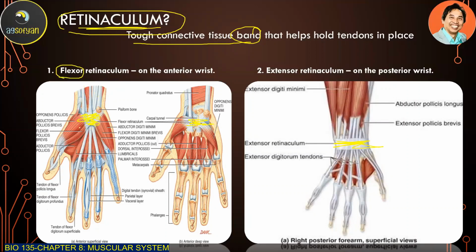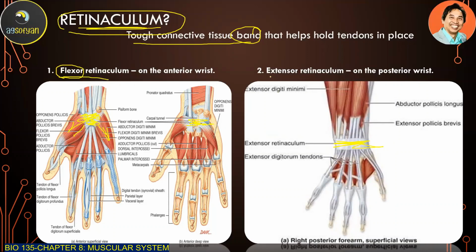Because this retinaculum holds the muscle tendons that are able to flex your fingers, like when you make a fist if you want to hit someone. That's flexing your finger. All of these tendons going through the same retinaculum is called the flexor retinaculum.